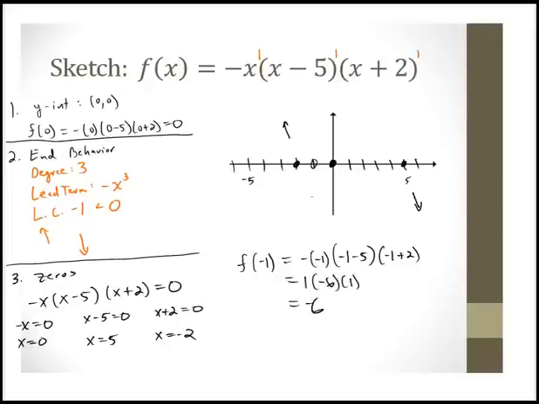So I'd have a point down here somewhere. And how about we test a point between 0 and 5? How about f of 2? So that would be the opposite of 2 times (2 minus 5) times (2 plus 2). That would be -2 times -3 times 4. And so that would be 6 times 4, that would be 24. So that's going to be a point way up here somewhere.